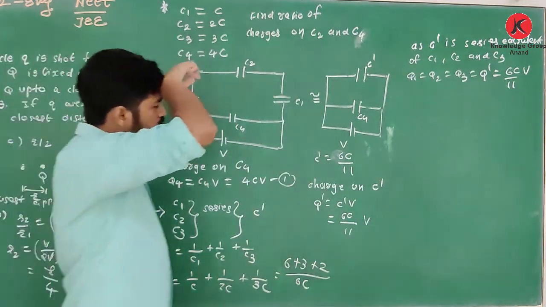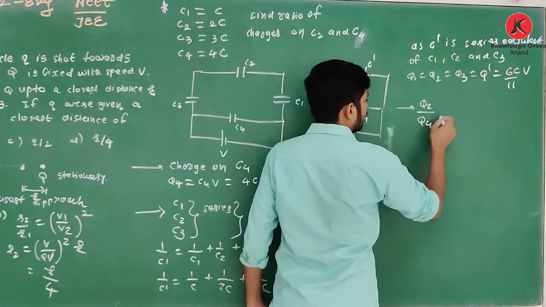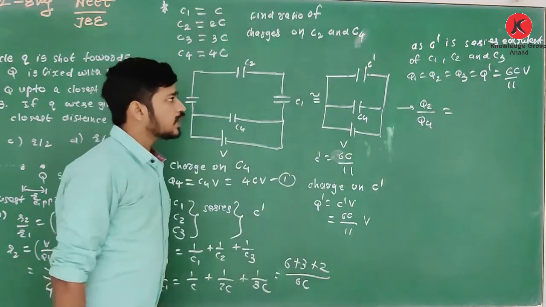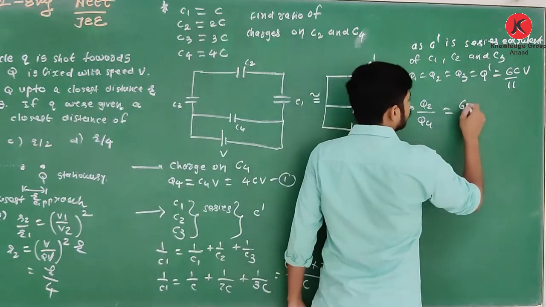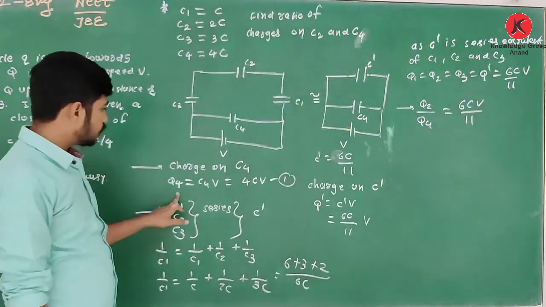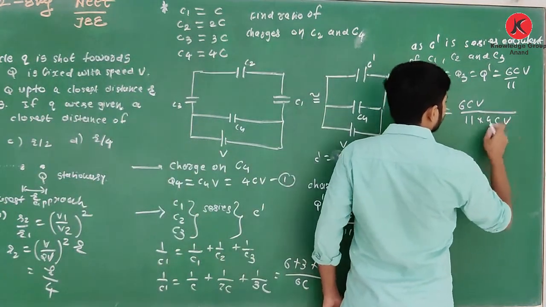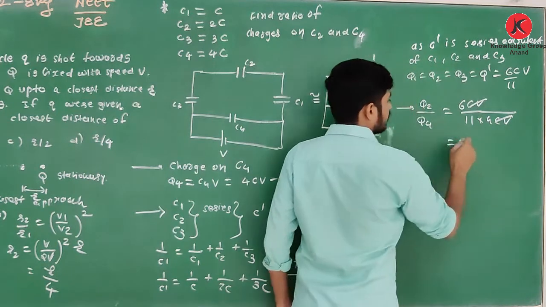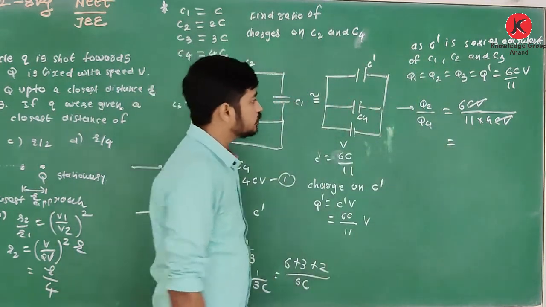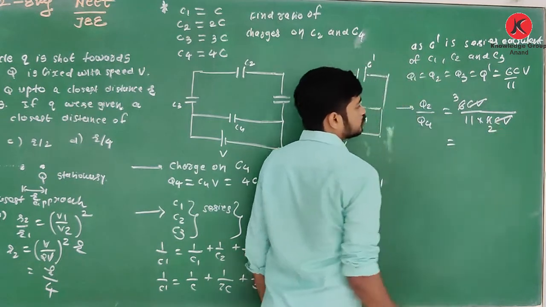So now what is the charge on the second capacitor? It is Q2. So the charge on the second capacitor Q2 upon the charge on the fourth capacitor Q4. What is the value of Q2? It is 6CV divided by 11. What is Q4? Yes, here it is 4C. So CV cut is equal to, here it is 3 into 2 and here it is 2 into 2.